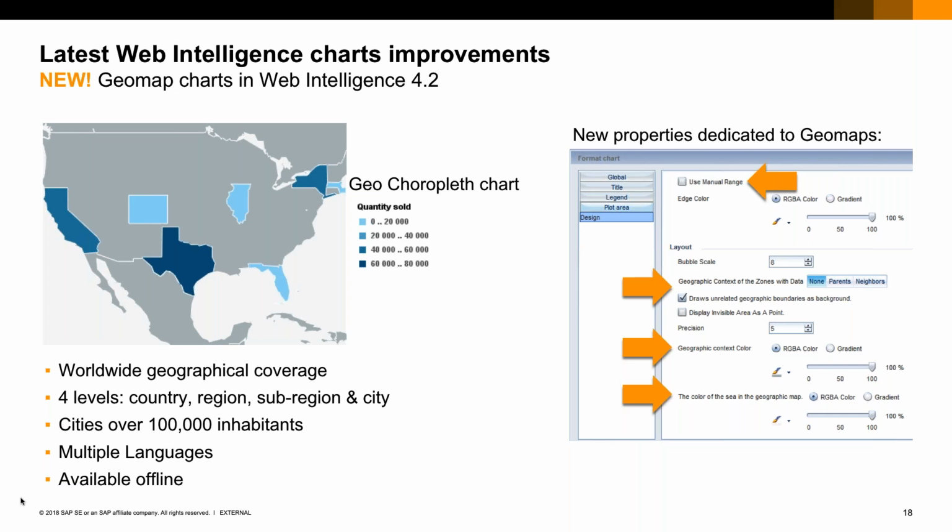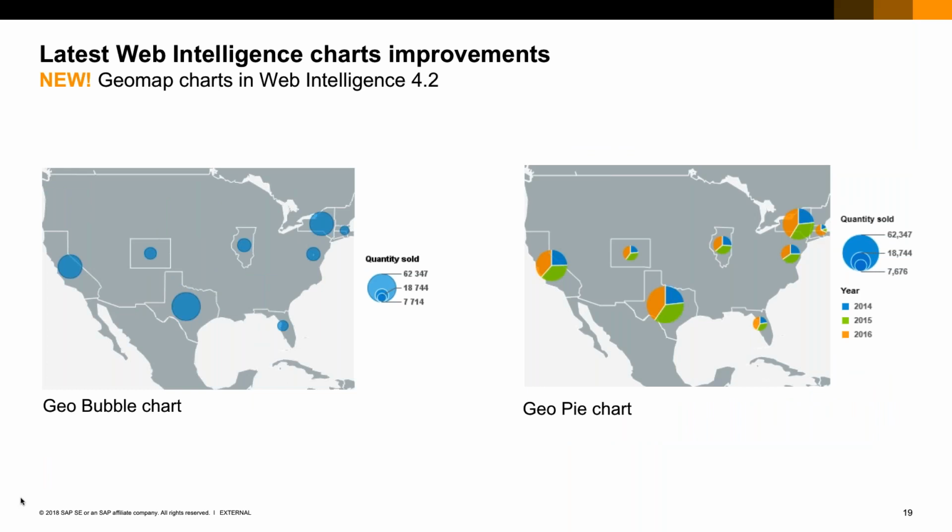It's otherwise fully automatic, but you can decide yourself which region you want to show. You can decide to show different boundaries of the parents, or the neighbors of the regions where you have data. You can define the color of the sea, the color of the ground, and that sort of thing.